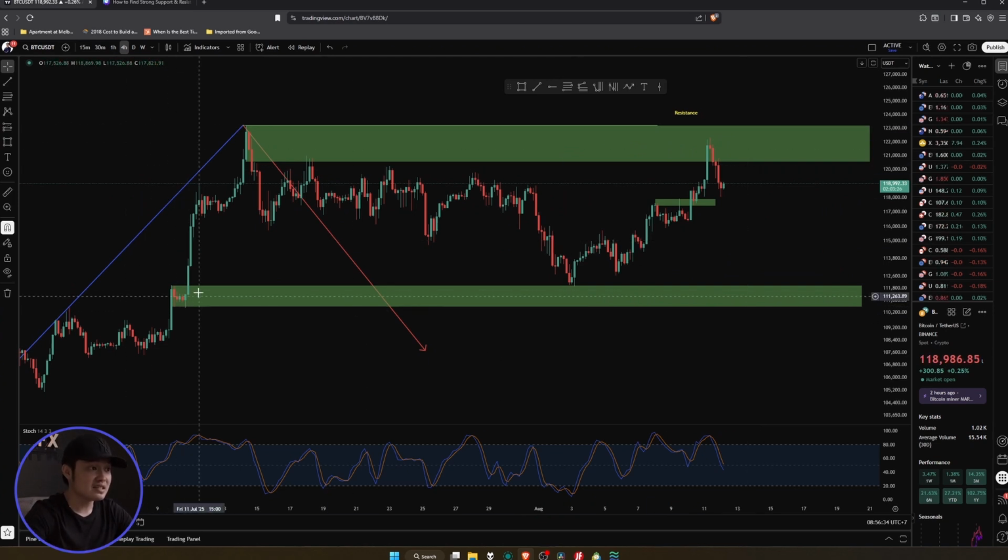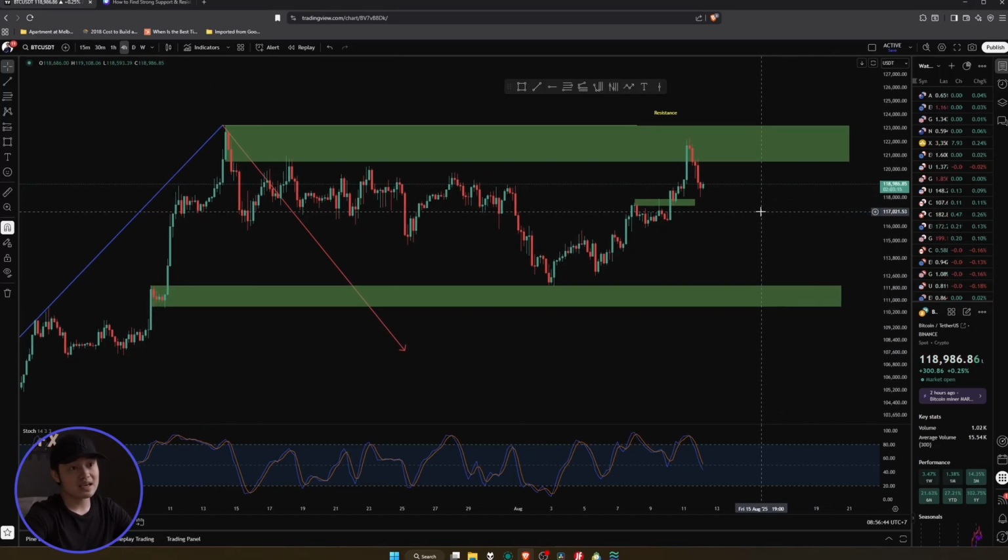So this is a very big or very strong demand zone. If the price is likely to touch this zone again in the next period, then we can see that the price will likely bounce again in this zone. So guys, that's pretty simple.